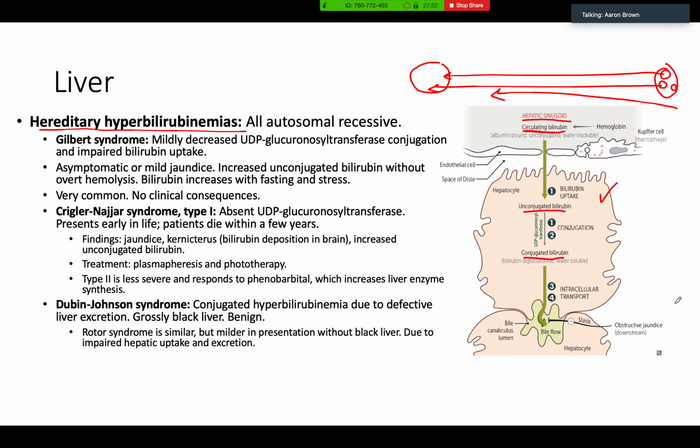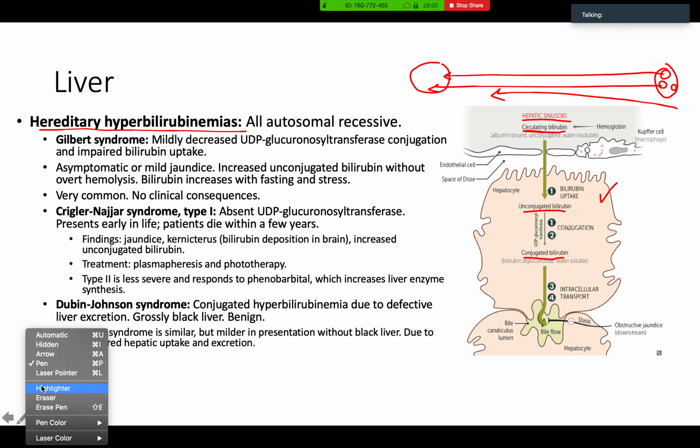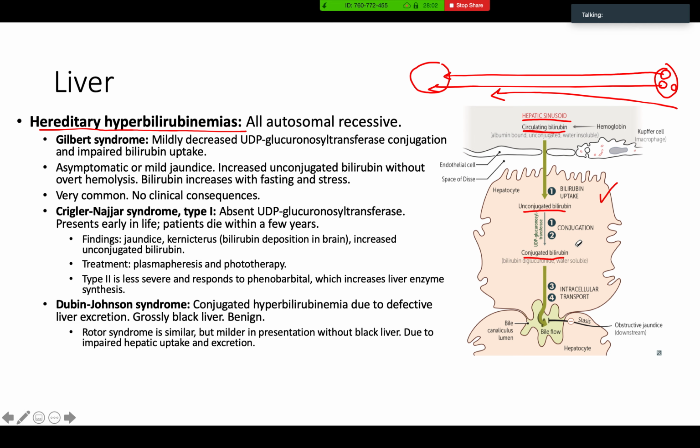We love conjugated bilirubin. Why do we love conjugated and we don't love unconjugated? What is not so great about unconjugated? Why do we have this process? Why do we care if it's unconjugated or conjugated?